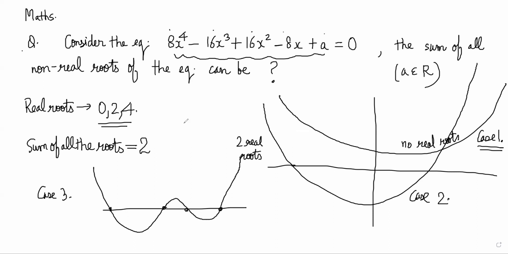If you want to understand which one is actually happening, you will have to take the f dash x derivative, which tells us how the graph increases or decreases.